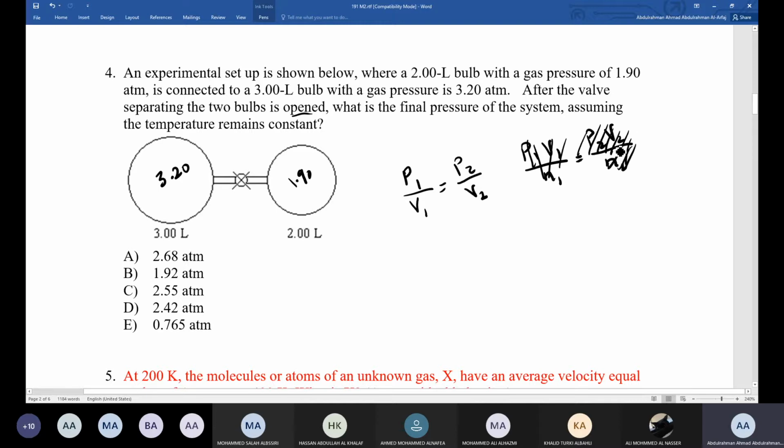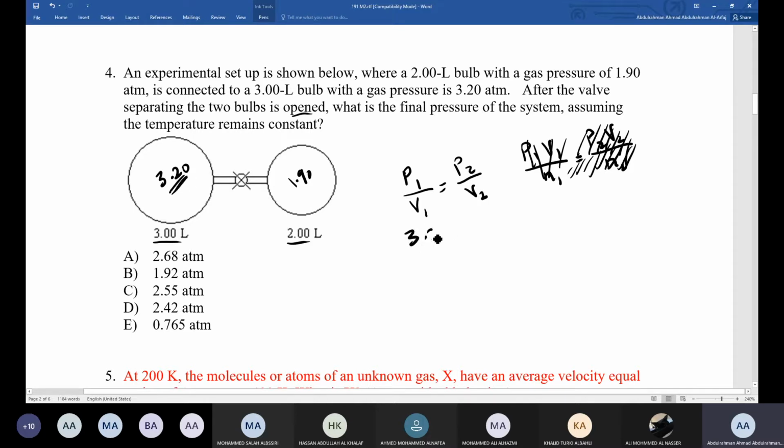We'll do each one by itself. I'll call this one the first pressure. The first one was 3.2 pressure and the volume was 3. Assume the other bulb is not available at this time. If I change the volume from 3 to 5, what will be the pressure of this bulb only?